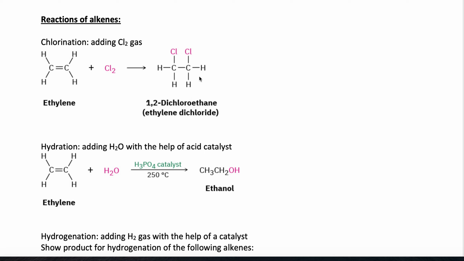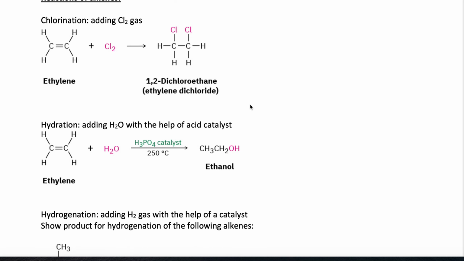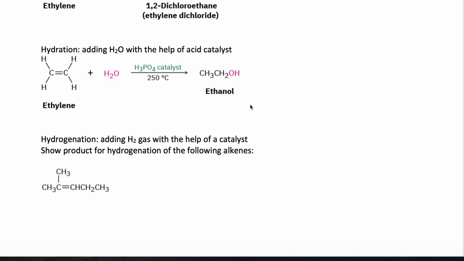Now we're going to take advantage of this reaction to learn the naming as well. Chlorine is called chloro, so that's 1,2, number 1, number 2, dichloroethane. Okay. Water. If you split up water, that will be OH and the hydrogen.